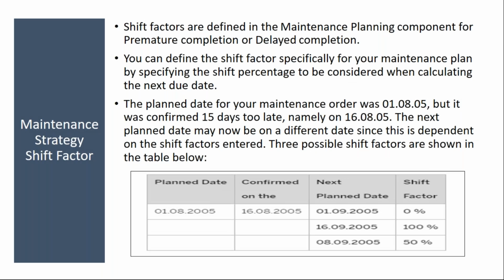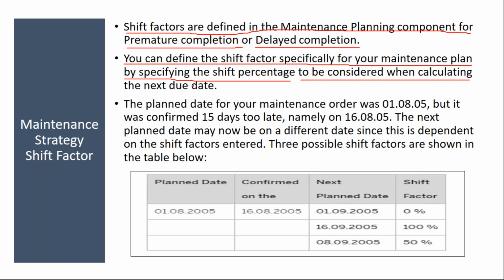Shift factors are defined in the maintenance planning component for premature completion or delayed completion. You can define the shift factor specifically for your maintenance plan by specifying the shift percentage to be considered when calculating the next due date.